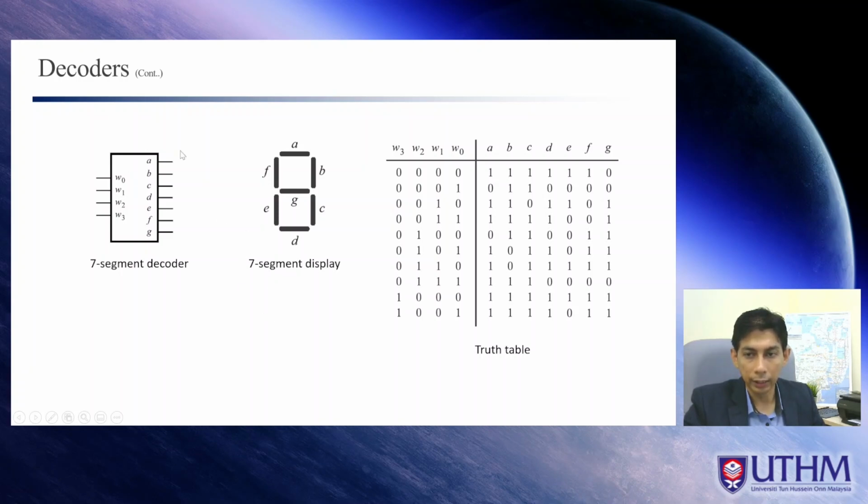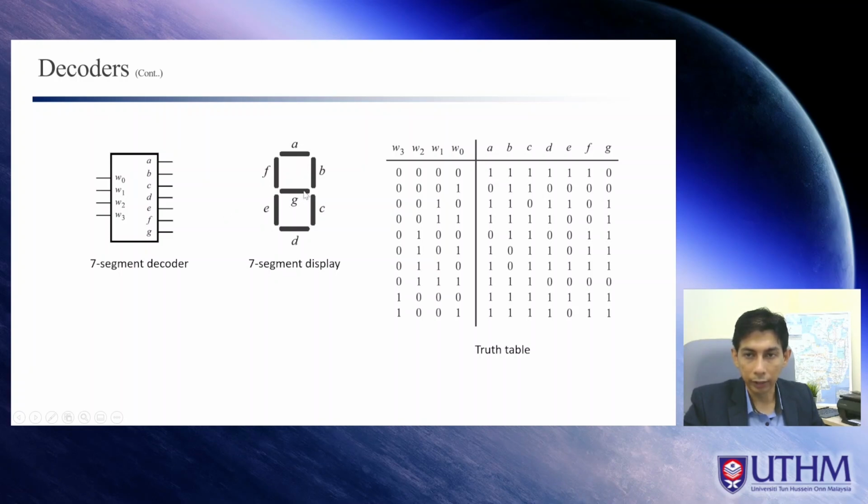So this is the 7-segment decoder, the block diagram. We have 4 inputs and we have 7 outputs. So the 7 outputs are based on this. Yeah, this is, for example, the LED. So we have A, B, C, D, E, F, and we have G.